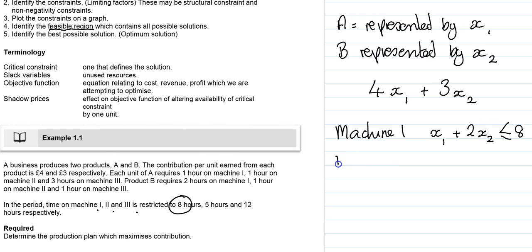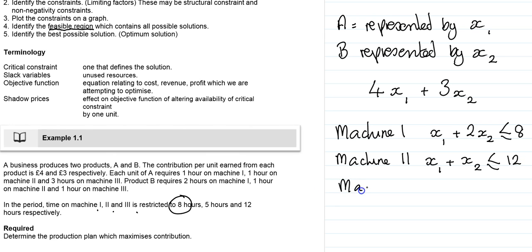We can do exactly the same with machine 2. With machine 2, 1 hour for product A, plus 1 hour for product B, and that's going to be less than or equal to 12 hours.